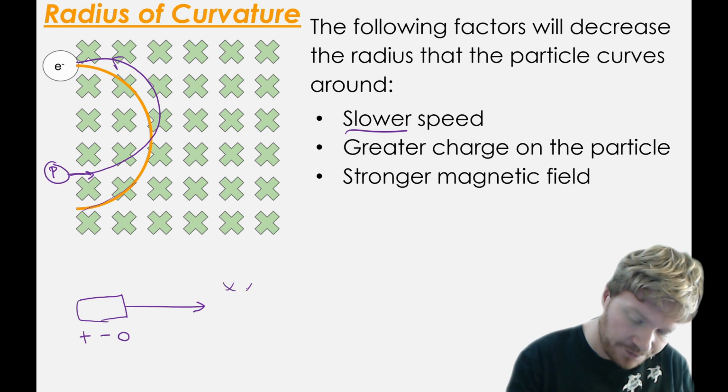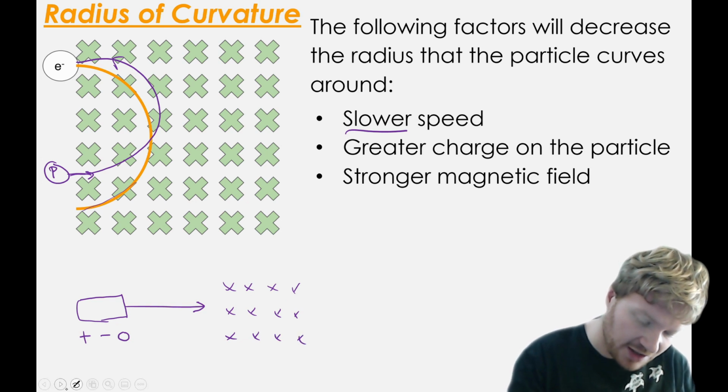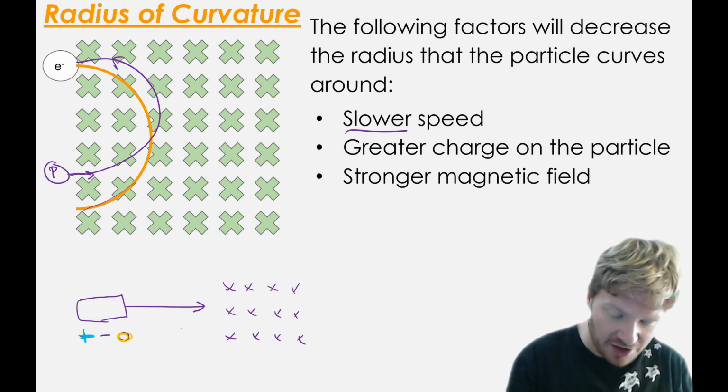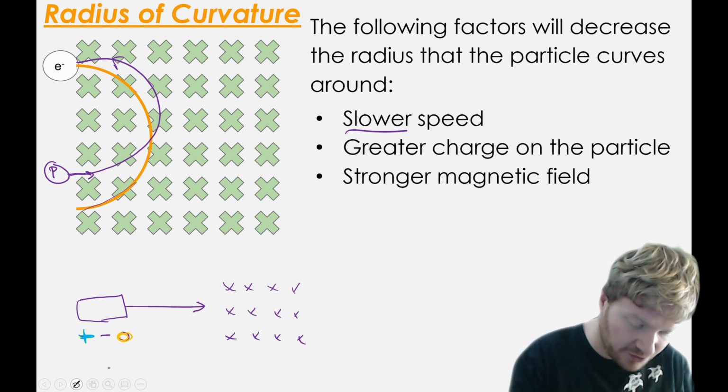And what I do is I put it into a magnetic field. And they often ask you, well, what will happen to those particles? I'm just going to change the colours to make it really simple. So I'm going to say my positive particle is blue, we'll leave my negative particle as purple, and I'll make my neutral particle orange. So my positive particle, as we said earlier, is going to curve upwards.